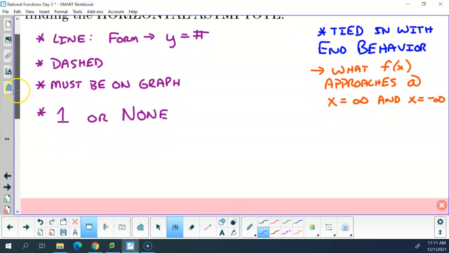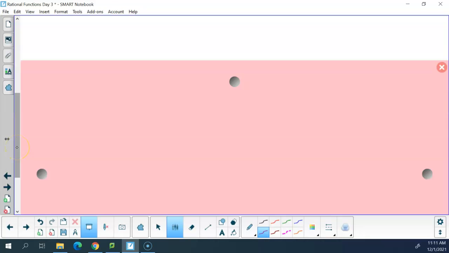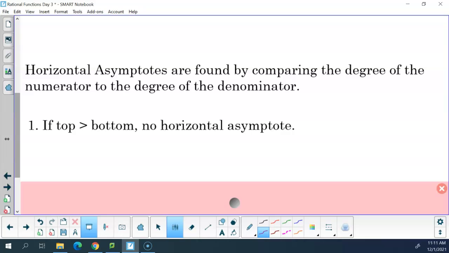So rather than try and discover what the rules and all that such are, we're gonna dive into it. I'm just gonna tell you what's going on with them. Okay? So we have to compare the degrees of the numerator and the degree of the denominator in order to find the horizontal asymptote. Let's take a step back. What is the degree of a polynomial or a function?